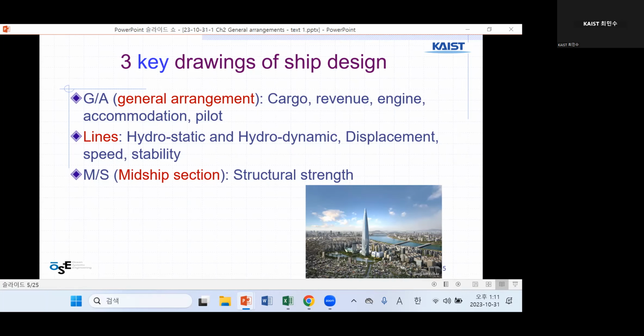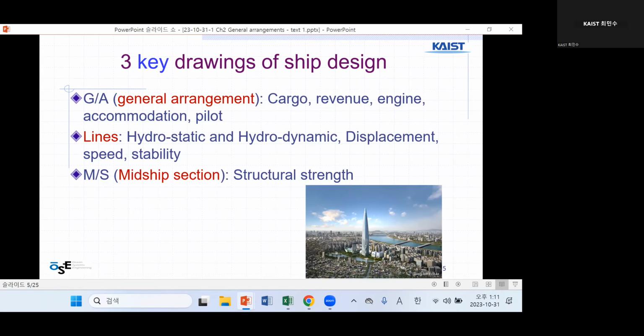This is the Lotte Jamsil Tower in the Seoul area. Probably this is the tallest building in South Korea. If you are trying to design this building, similar to designing a ship, you may need to have an arrangement for rooms for each of the 115 floors, and also elevator tunnels, and the pipelines should be located somewhere.